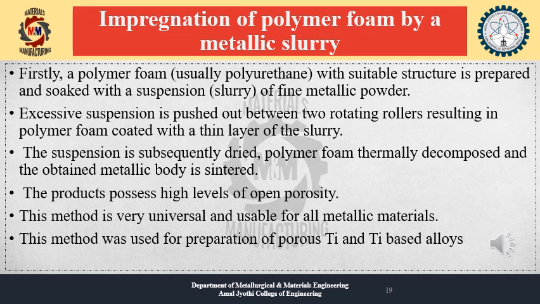The polymer foam is thermally decomposed and the obtained metallic body is sintered. The product possesses high levels of open porosity. This method is very universal and usable for all metallic materials. This method was used for preparation of porous titanium and titanium-based alloy.